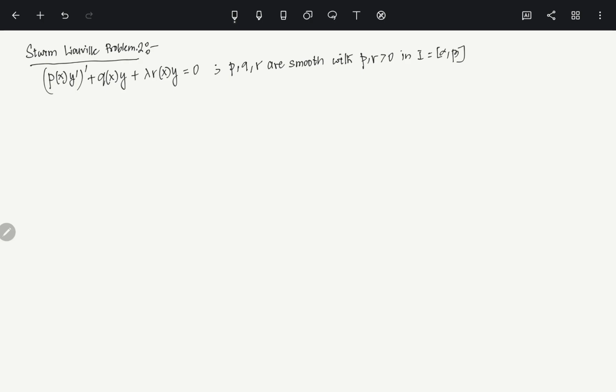And the boundary data is there. What is the boundary data? The boundary data is a0 y at the point α plus a1 y' at the point α equals a, and d0 y at the point β plus d1 y' at the point β, which is what we used in the last lecture.